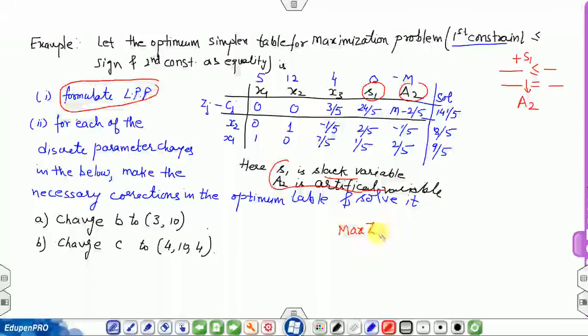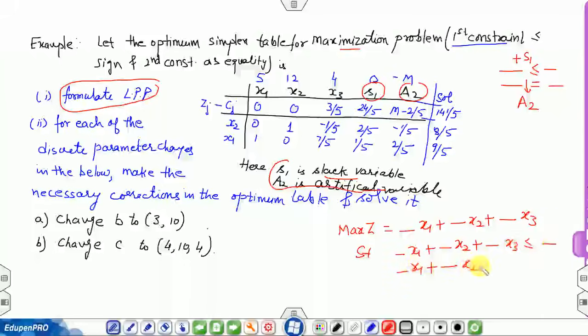So here the maximization of Z, because the problem is for maximization, there are three variables. So the problem is something like this. Your target is to find this one. So there are two constraints. It is given that plus x3 is less than or equal to something, plus, so your task is this, and each of the xi's is greater than or equal to 0.